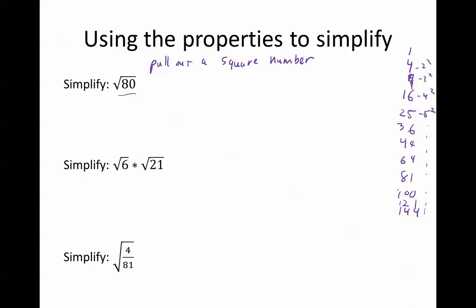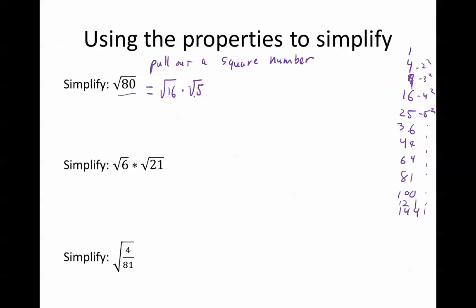Is 80 divisible by 49? No. Is 80 divisible by 36? No. Is 80 divisible by 25? No. Is 80 divisible by 16? Yes. 80 divided by 16 is 5, which means I can break up the square root of 80 into the square root of 16 times the square root of 5, because 5 times 16 is 80.